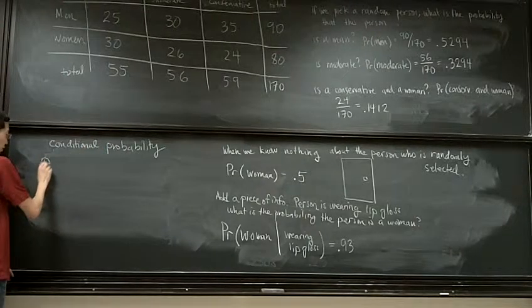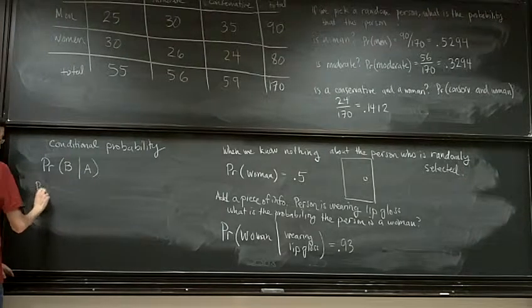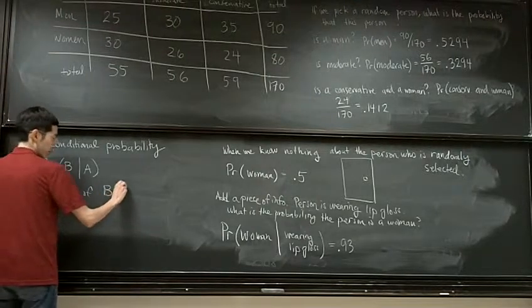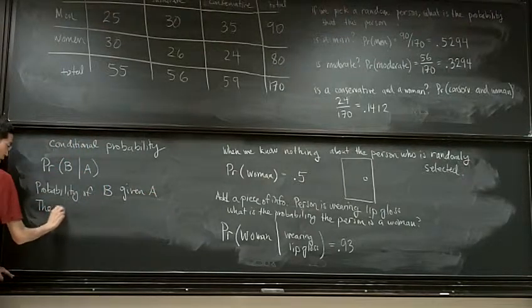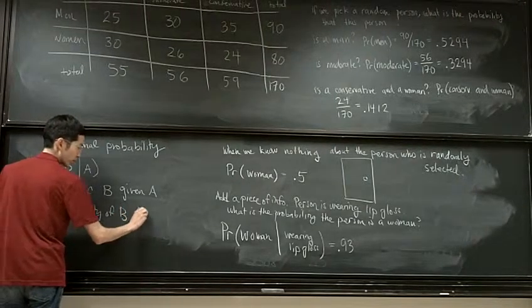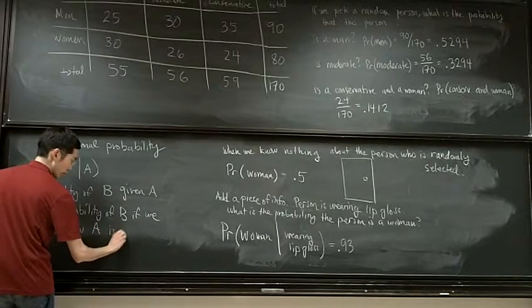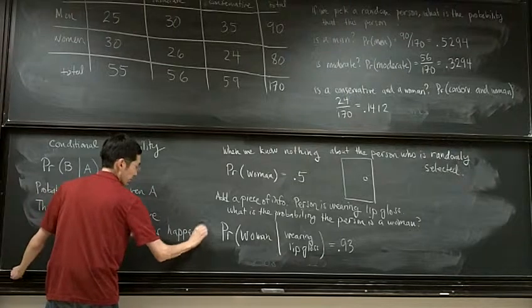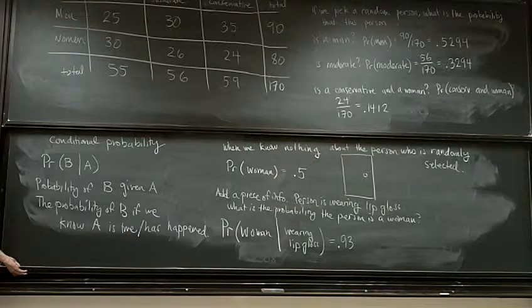So in generic form, we might say probability of B given A. So if we read this, probability that A is true or has happened.